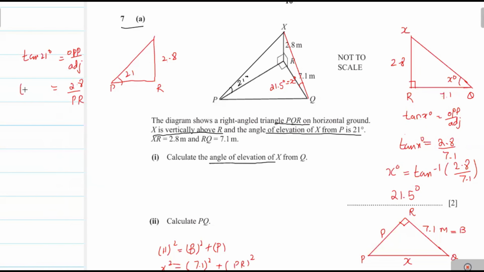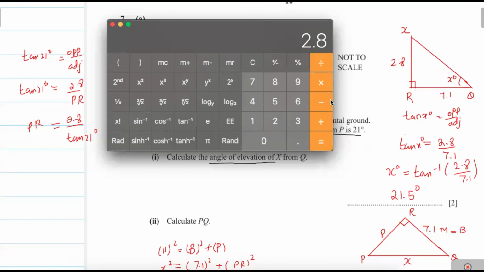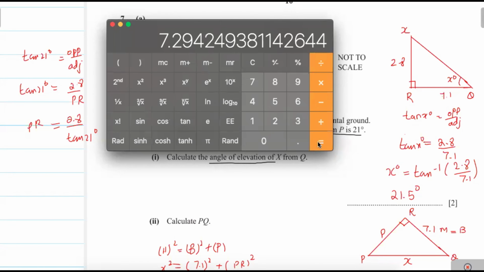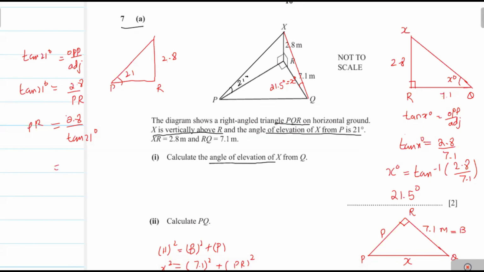So PR will be equal to 2.8 divided by tan 21 degrees, and this will be equal to 7.29. Now we write 7.29 meters.